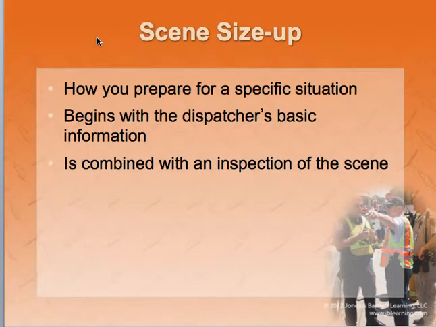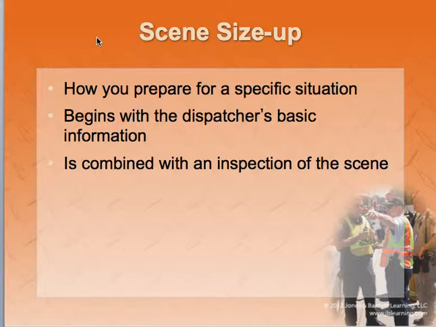So the scene size up is the first step of our patient assessment, and this is where we are going to gather information about the situation. And this typically begins, by the book, at the very beginning when you get the call, whenever dispatch gives you information on the location, the patient's chief complaint, and maybe some history behind that.